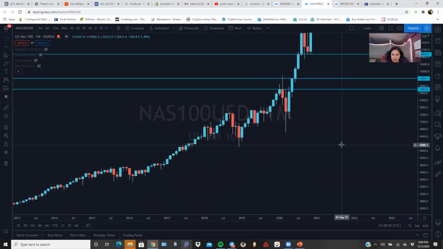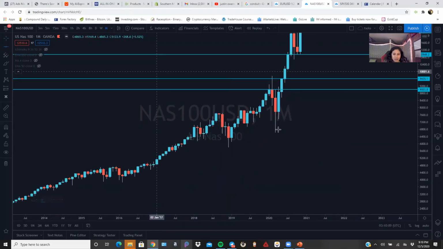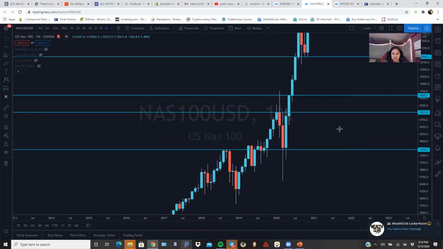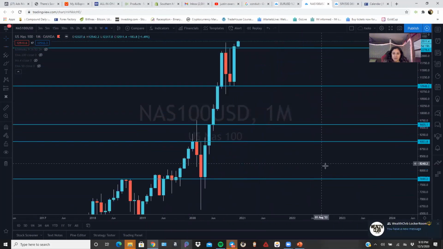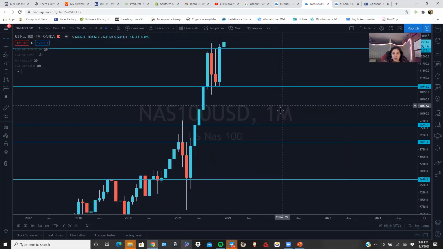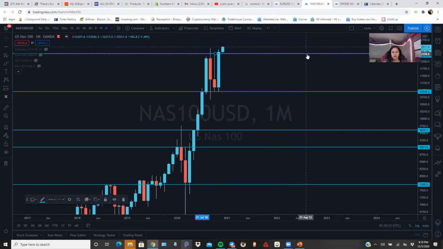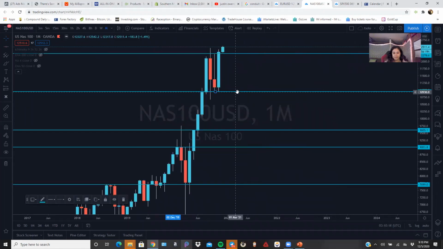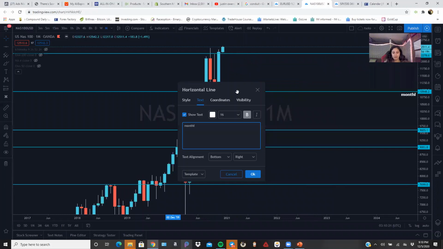As you can see, the support and resistance is a little crazy, especially on the monthly. This would be another one, but I'm going to leave it like this. So we got monthly.